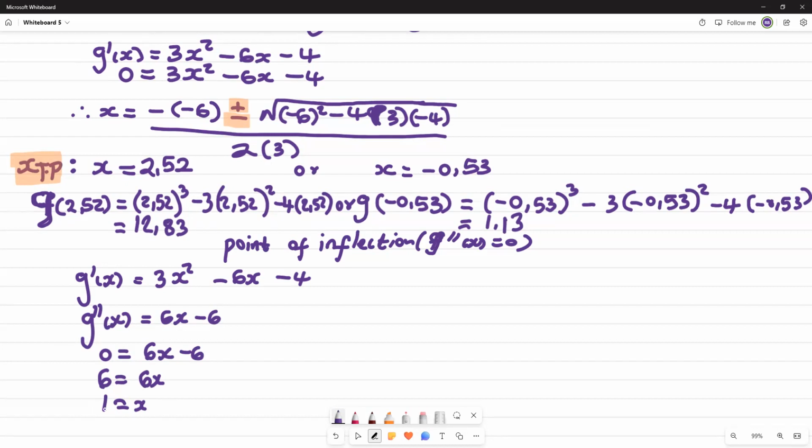Perfect. I can show you another trick to get the x value of the point of inflection. It is always halfway between these two x values. Let's see. So you have 0.52 plus negative 0.53. Then you divide that by 2. Oh, we need to subtract them.